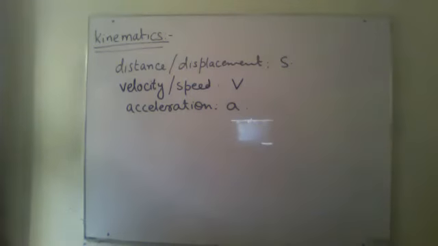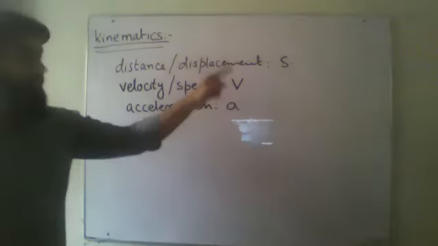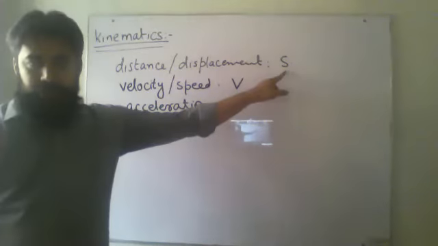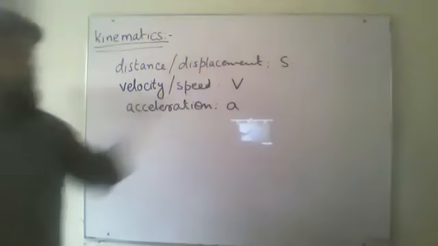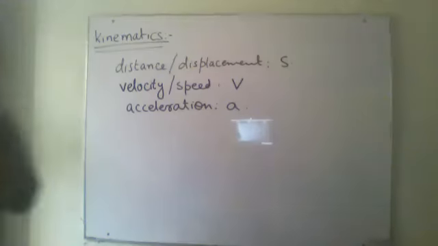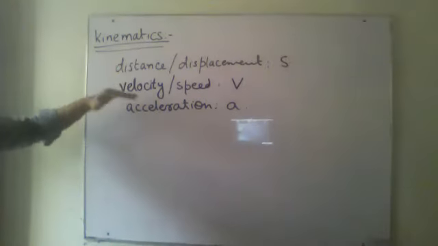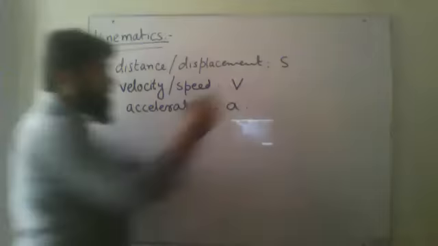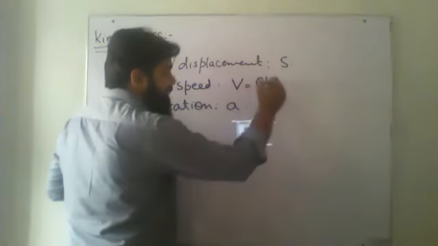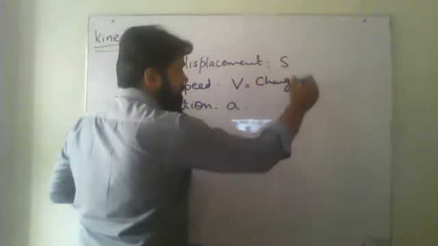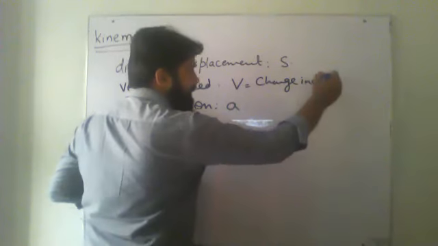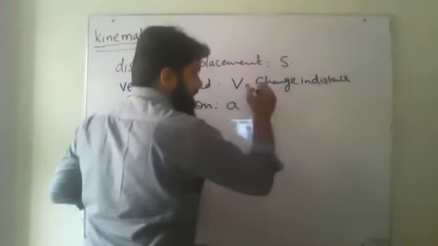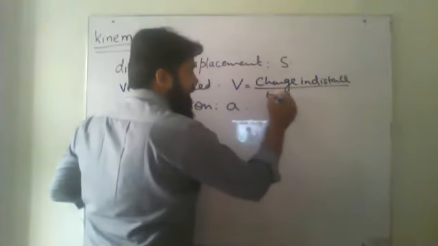So distance or displacement is my basic unit, right? Distance and displacement are my basic units in kinematics. Velocity is a derived unit. Velocity is change in distance or change in displacement, or distance covered in unit time.